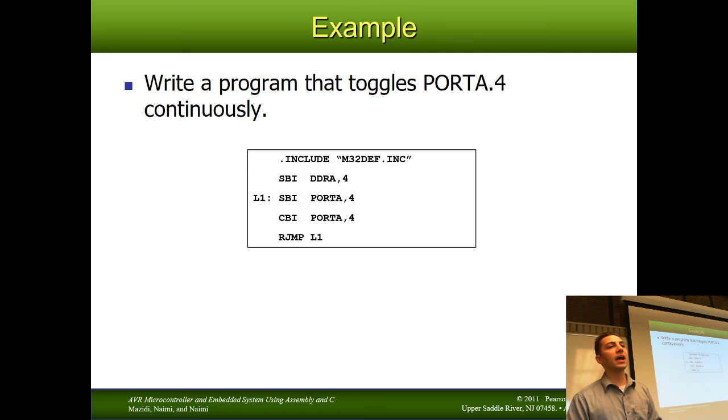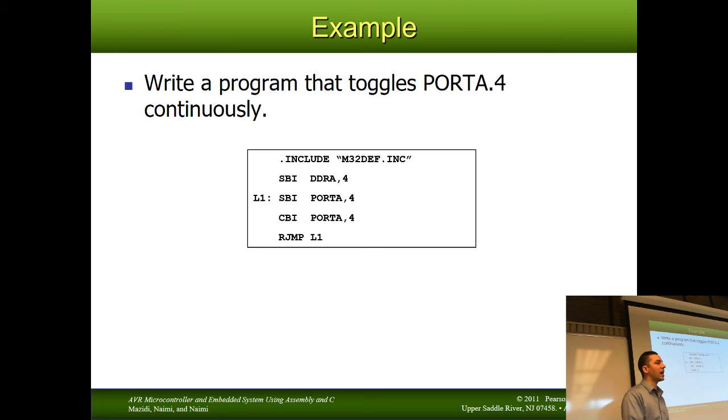If I had done LDI, I run a big risk. I would have said the 4th bit position, 0, 1, 2, 3, 4. I would have loaded 32 decimal or 10 hex into a register, say R20, and then I would have stored R20 into DDRA with an out instruction.